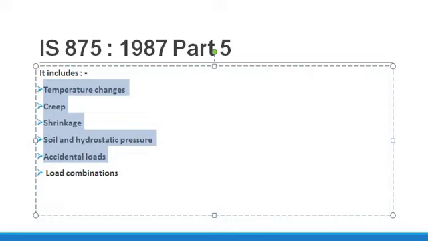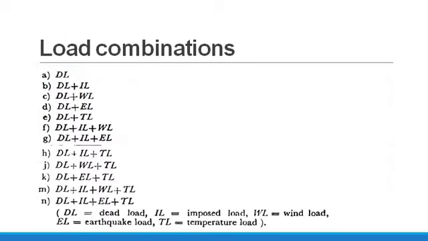Now I will show you the different load combinations that we use for the final analysis: dead load plus IL, that is imposed load, dead load plus wind load, dead plus earthquake load. All these loads we use in the analysis for load combinations. One thing more, these are the general load combinations.